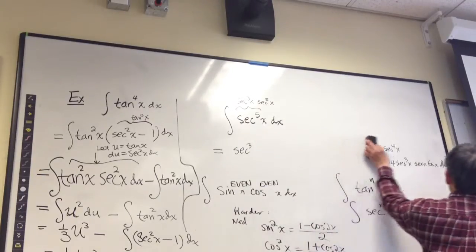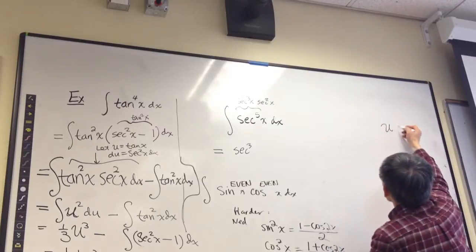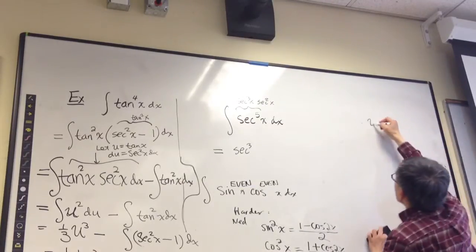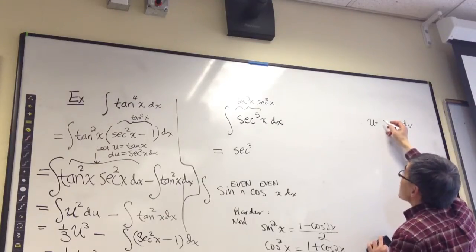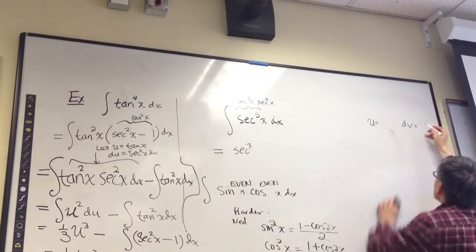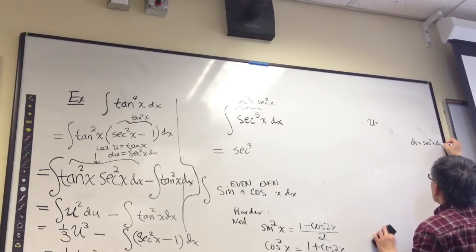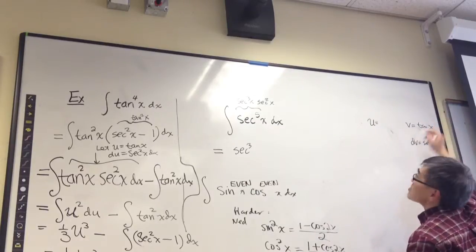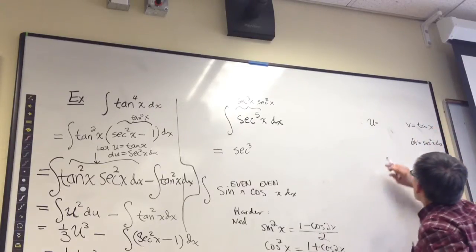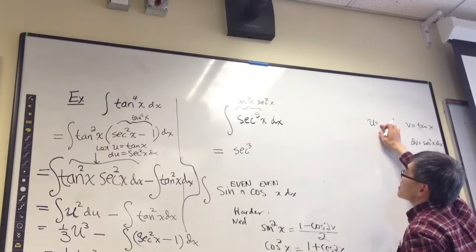So which one goes up, which one goes down? What is u and what is dv? You want dv to be secant squared x dx, correct? So that v is tangent x. And the other part will be what?